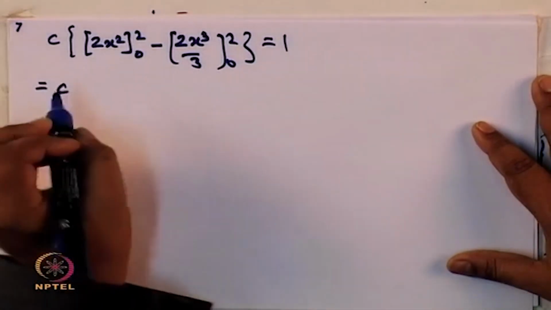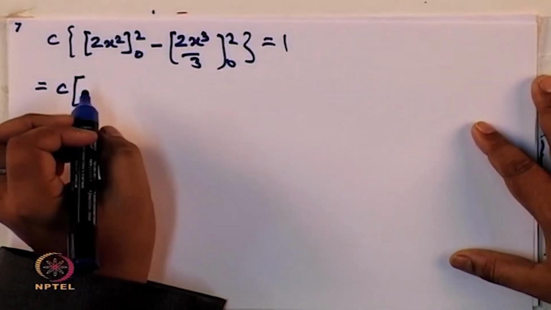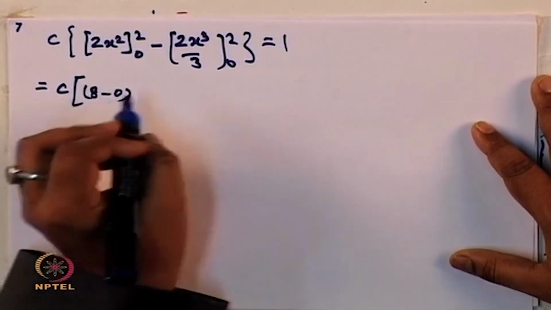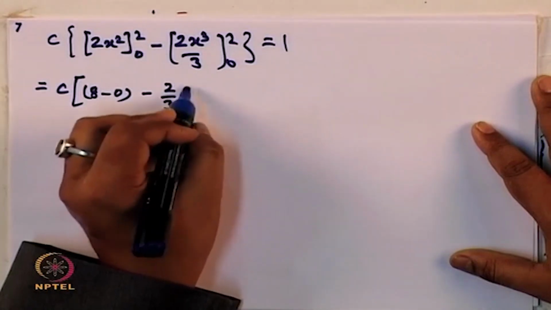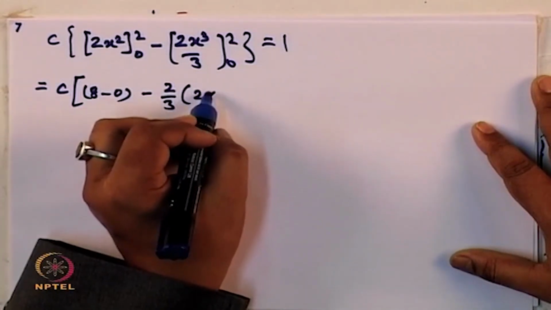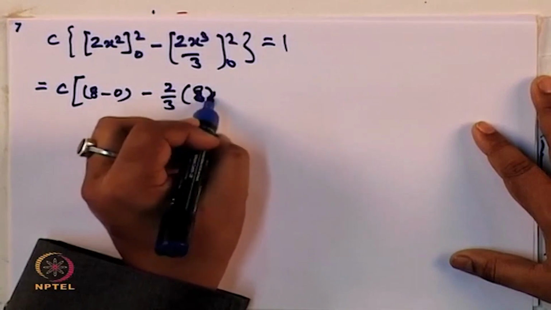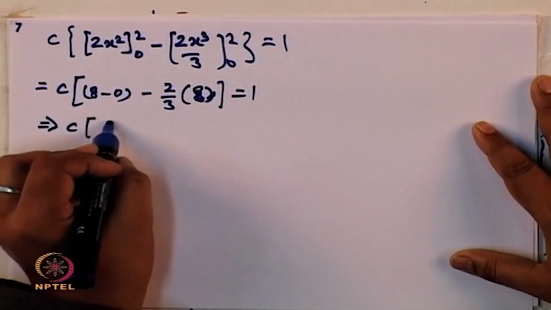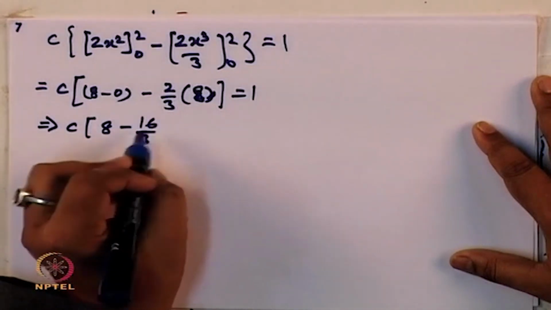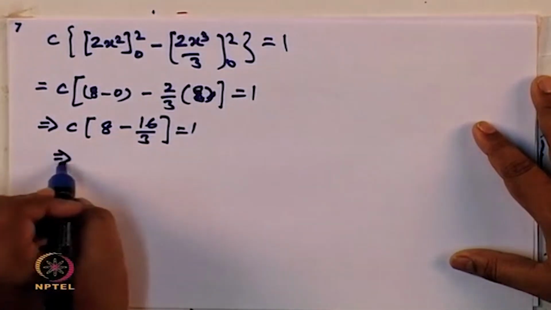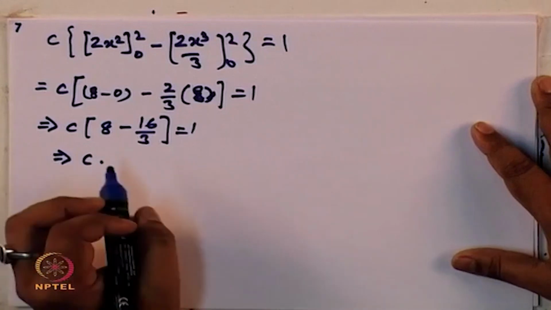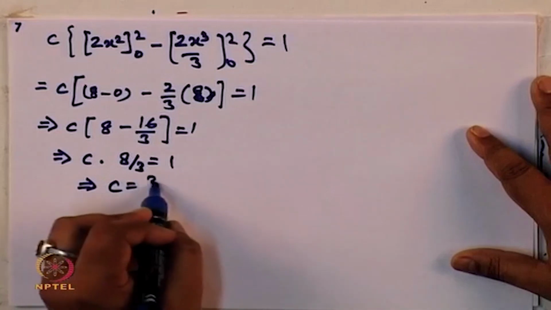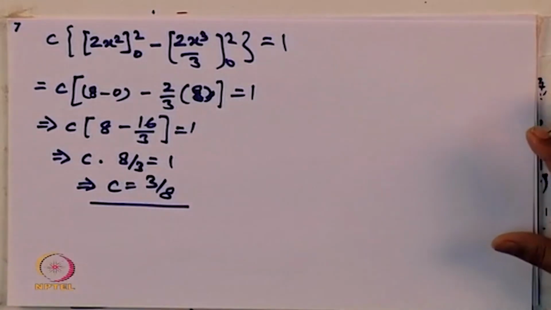So, this gives me c into (8 minus 0) minus 2/3 into 8 equal to 1. 8 minus 16 by 3, so I get c as 3 by 8.